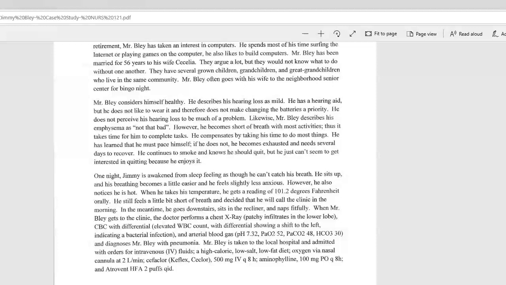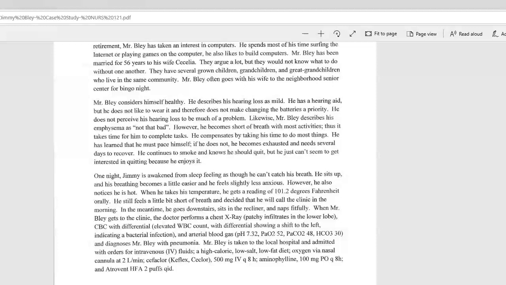When Mr. Bly gets to the clinic, the doctor performs a chest x-ray, which shows patchy infiltrate in the lower lobe, his CBC with differential, elevated white blood count with differential showing a shift to the left, indicating a bacterial infection, and his arterial blood gases show pH of 7.32, PaO2 52, PaCO2 48, and bicarb is 30, and diagnoses Mr. Bly with pneumonia.